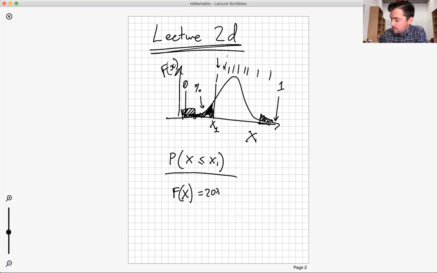So if I actually played this game for uniform draws in X, then I would take a value here, and f of x would be 0. And I would take a value here, and it would be 0. I would take a value here, it would be 0. And so I'd get lots and lots of zeros, right?